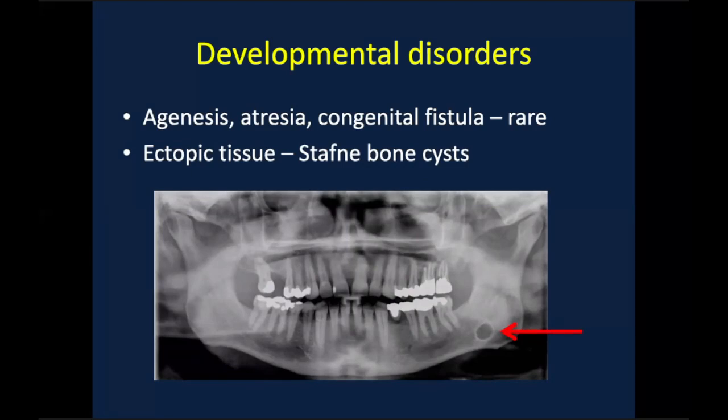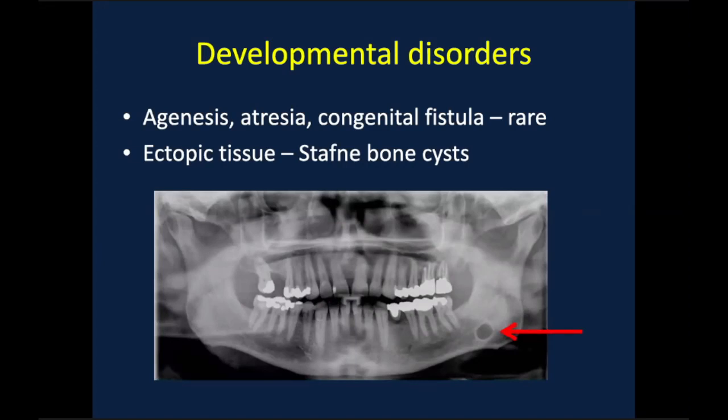Agenesis, atresia, and congenital fistulas are very rare in salivary glands. What you might see, if at all, is something called Stafne's bone cyst, which is a congenital problem. It happens when salivary gland tissue is implanted at ectopic sites, for instance in the jaw or mandible.